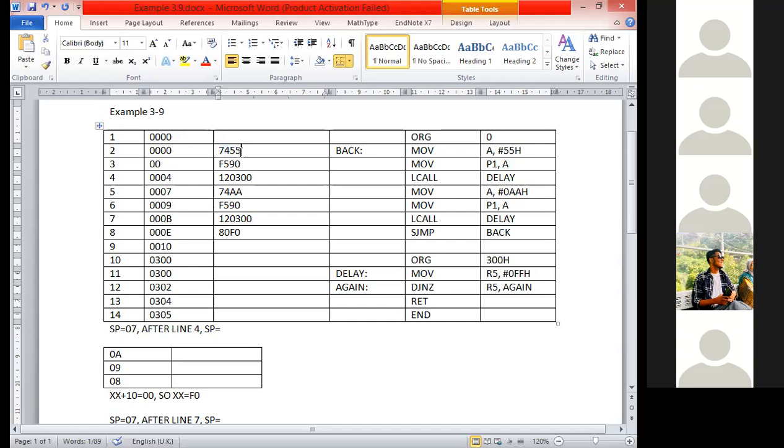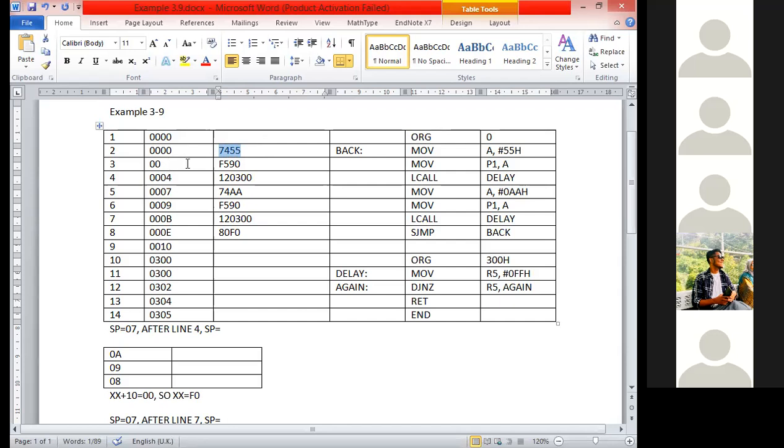These opcodes will play a vital role. So what happens? This 7455 will be stored. And what is the size of this opcode? It is 2 bytes. So you will need 2 bytes to store this 7455. That means 1 byte will go to 0000, another byte will go to 0001.